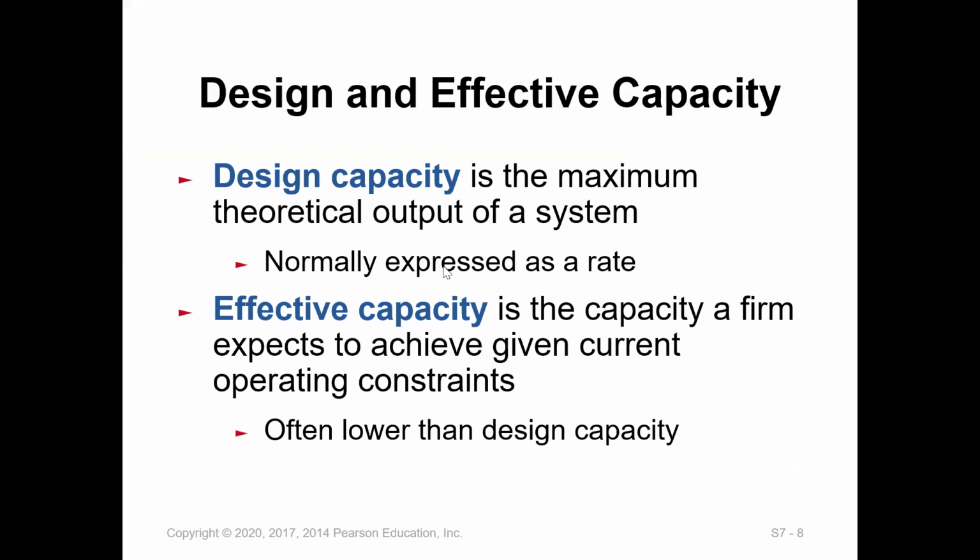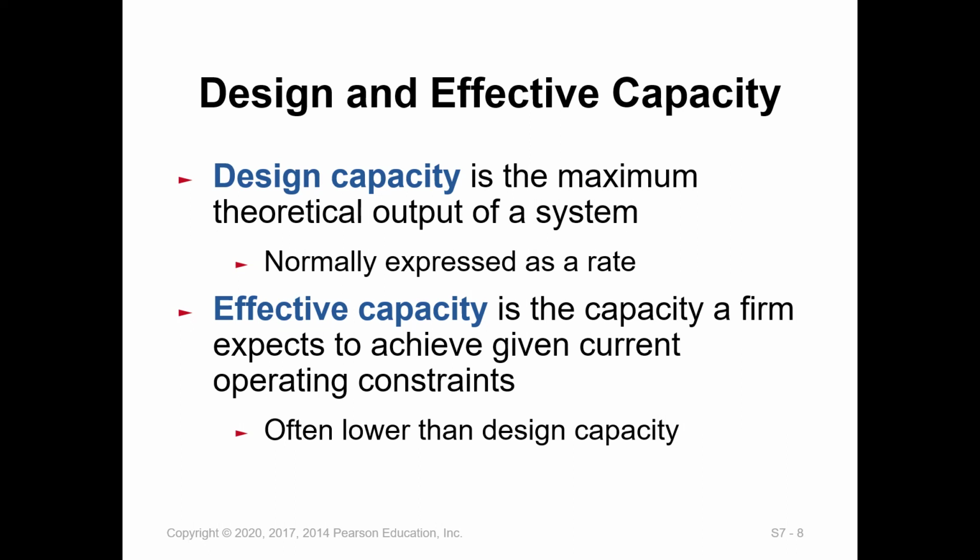Design capacity. When we say design capacity, or capacity in general, it is the maximum theoretical output of the system. So, for example, it applies everywhere: in a manufacturing facility, in a system, in an app. When you say the maximum capacity, our maximum capacity is to produce 100 units a day.